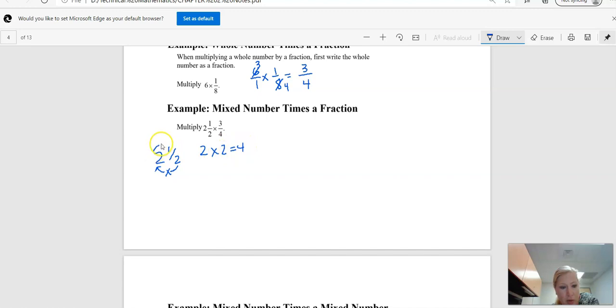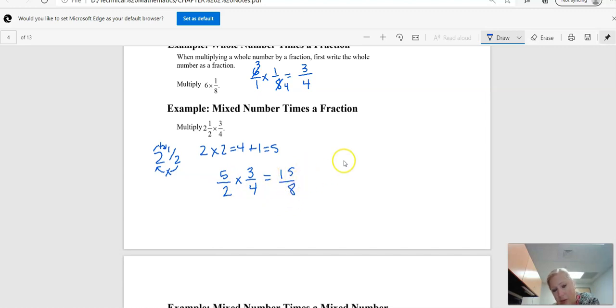Then you take what you got and add it to the numerator, plus 1, which is 5. And so our new fraction would be 5 over, and whatever is on the denominator stays the same. Okay? So 2 has nothing in common with 5 and 3, neither does 4. So this is going to be 15 over 8.